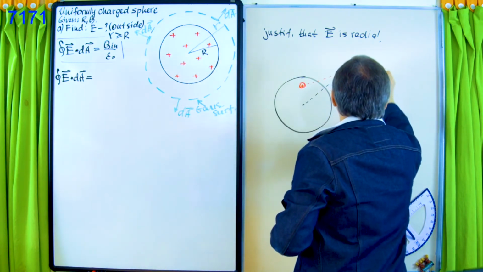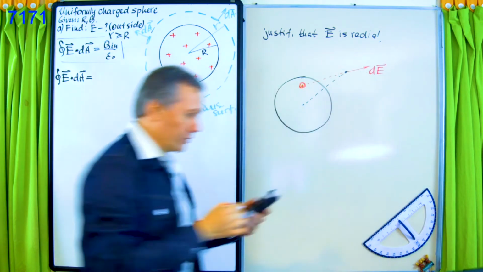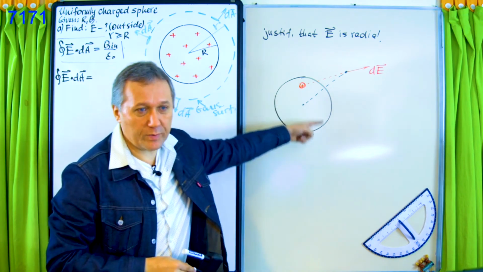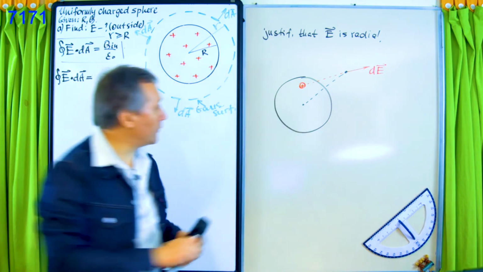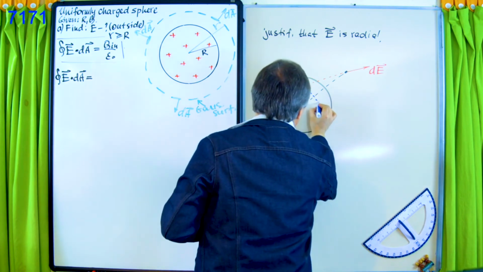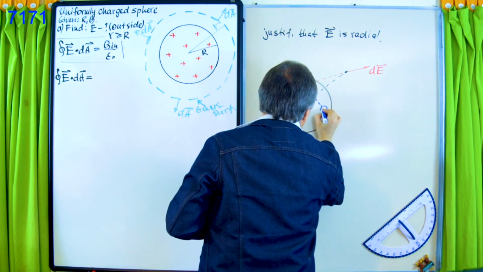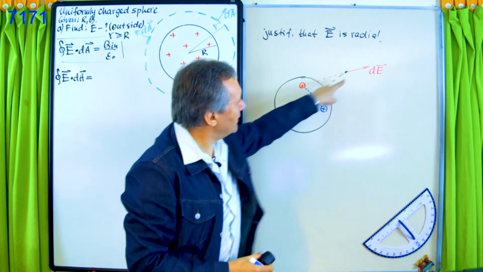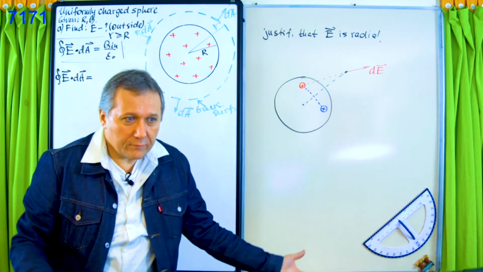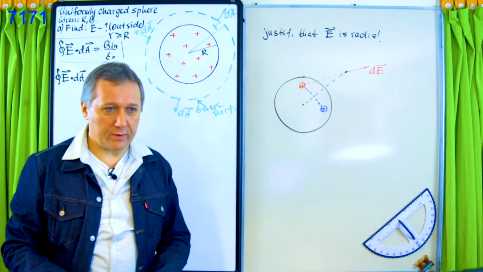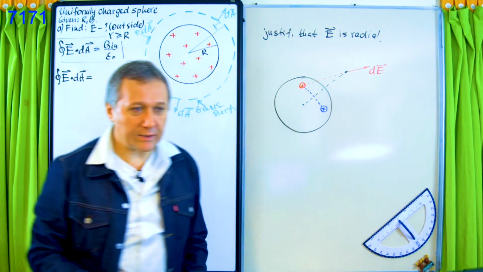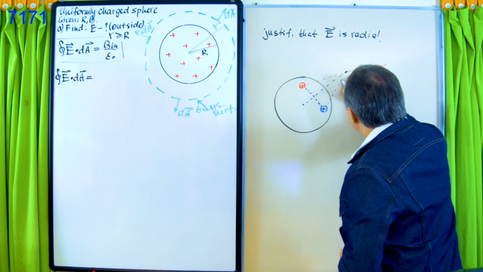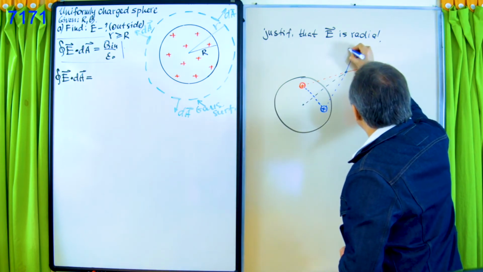So this will be dE from this point charge. But since we have a uniform distribution of charge, I can find a symmetrically positioned charge exactly the same in value over there, symmetrical relative to this line connecting the center and the point in question. There must be a similar charge over there. And let me draw the contribution to the net electric field from this blue charge. So this will be the contribution from that blue guy.